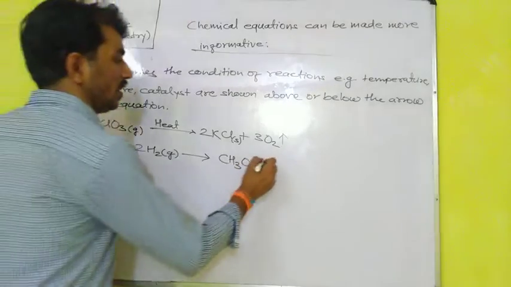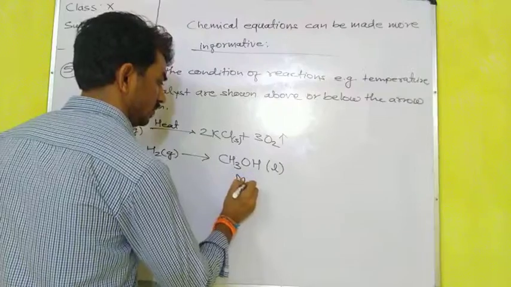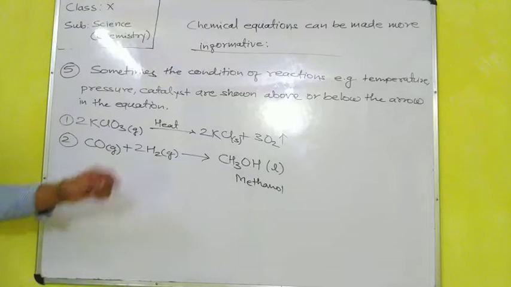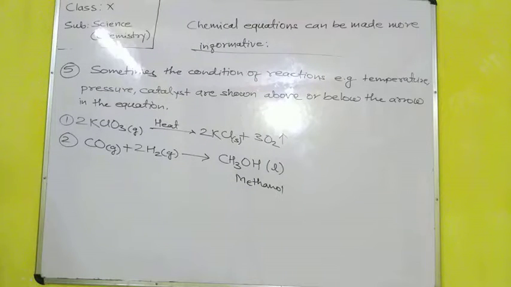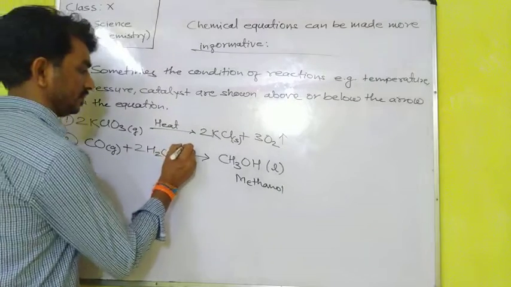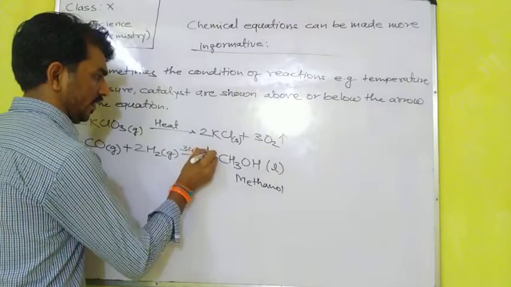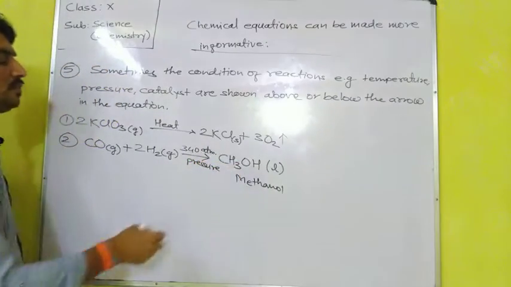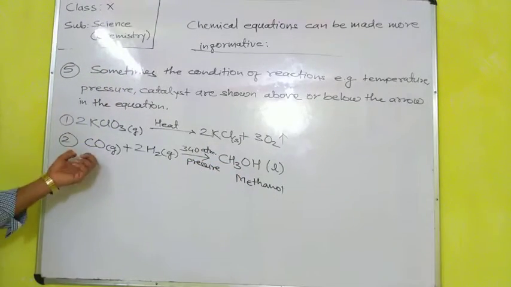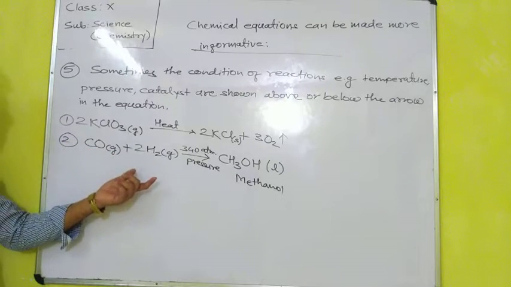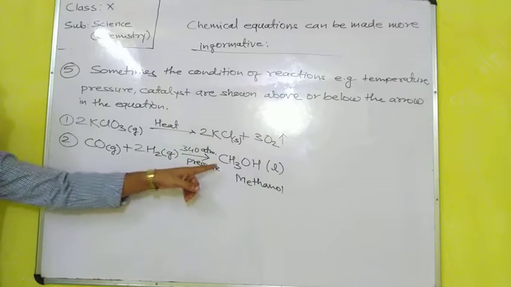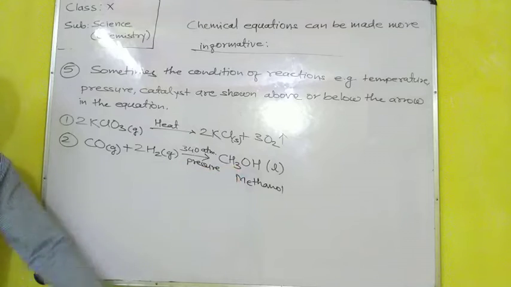We will read that in organic chemistry. It is called methanol because of the presence of the OH group. Here, for the proceeding of this reaction, it requires 340 atm pressure. Carbon monoxide and hydrogen gas combine at 340 atmospheric pressure, then form methanol or methyl alcohol.